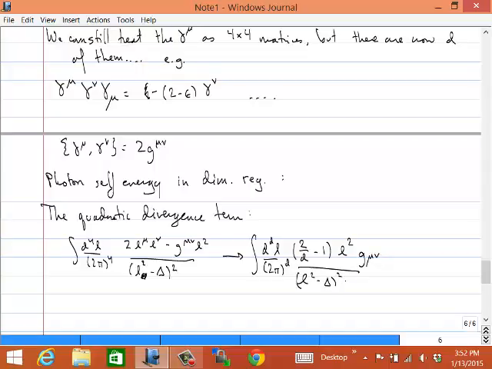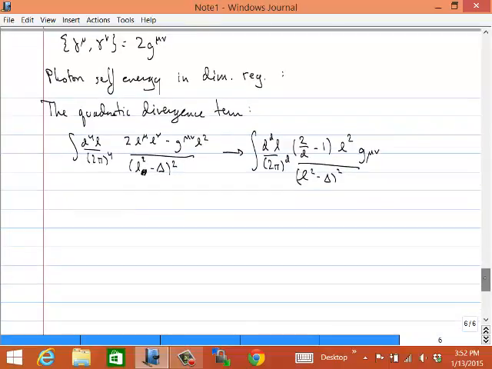So we get a (2/d − 1) times L² over L² minus Δ². Again, it's a straightforward exercise to compute this integral. So you get (2/d − 1) times g^μν times the integral of d^dL times L² over L² minus Δ².